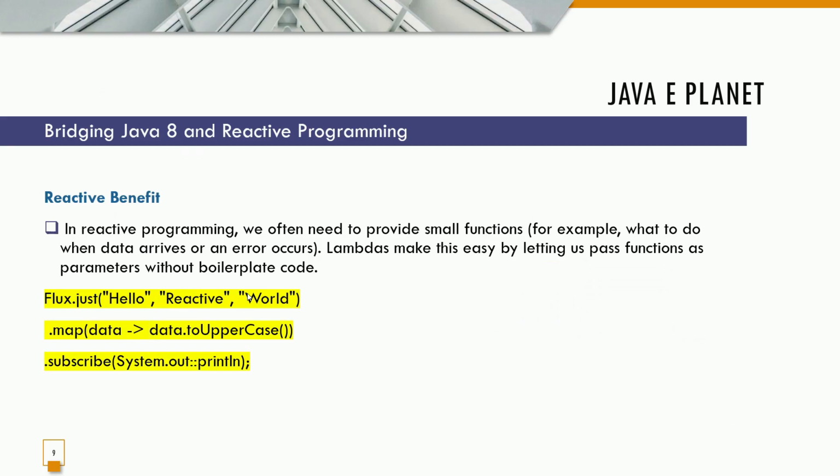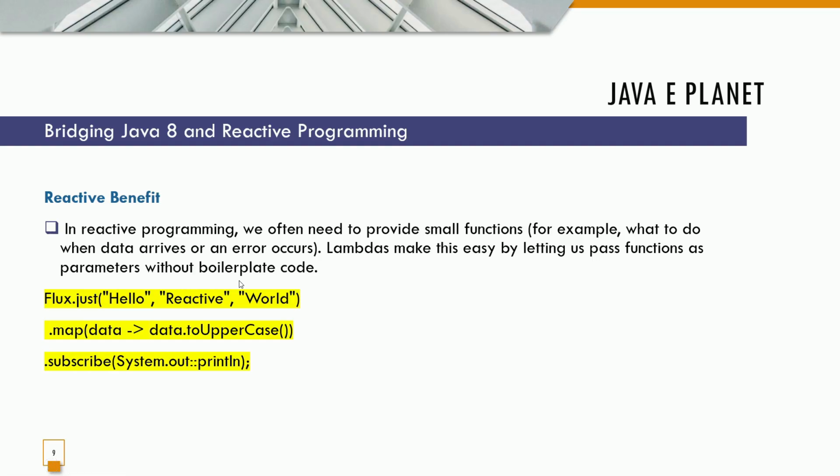And also see here, bridging Java 8 and reactive programming. Here is the reactive benefit between Java 8 and reactive programming. In reactive programming, we often need to provide small functions, for example, what to do when data arrives or an error occurs. Lambdas make this easy by letting us pass functions as parameters without boilerplate code.